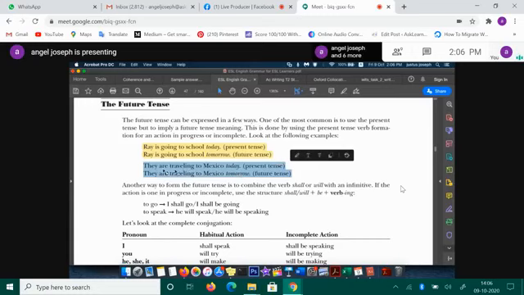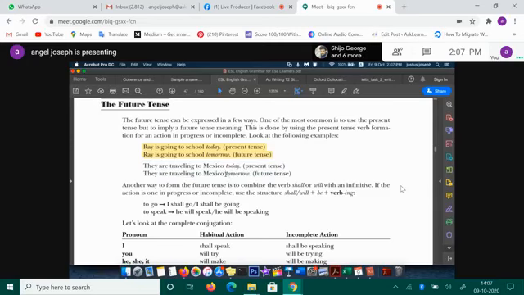They are traveling. Present continuous. They are traveling to Mexico today. Present continuous. They are traveling to Mexico tomorrow.